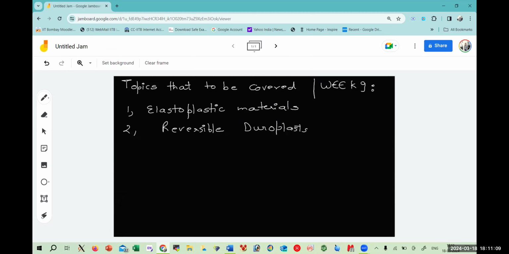Followed by it, we will have classification of polyethylene on the basis of density.